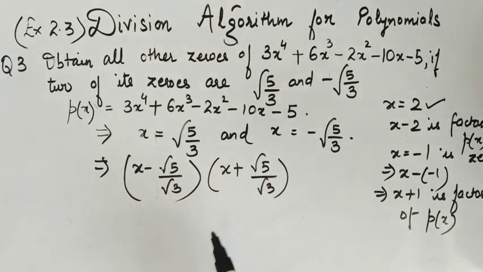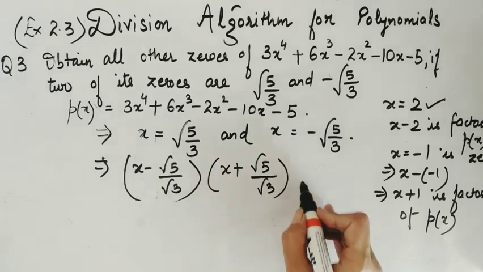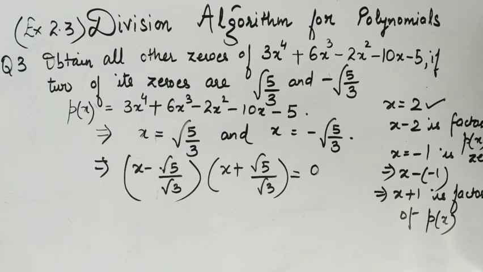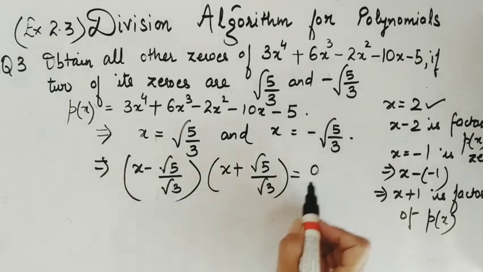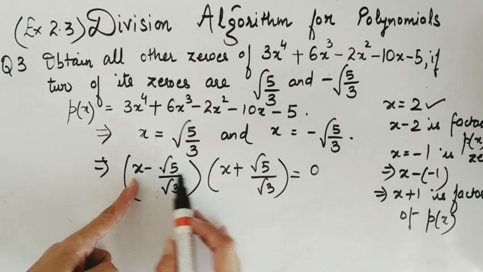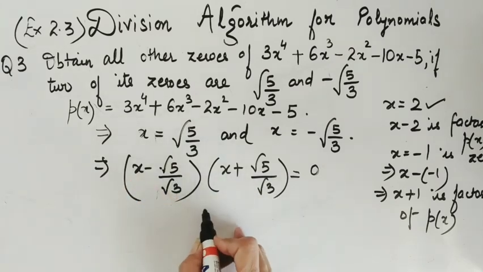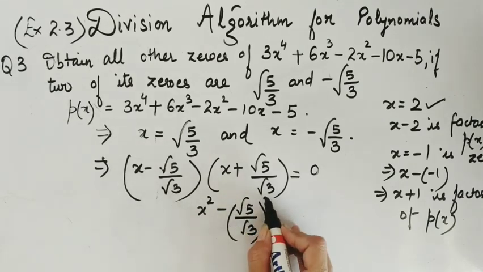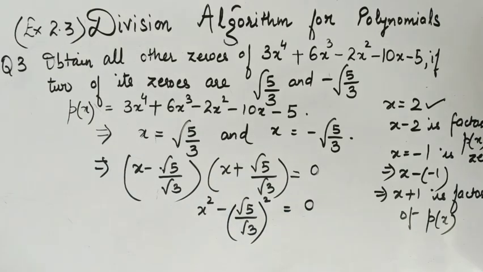Now since these are zeros, this indicates they must be resulting in 0, because their product has to be 0. Their product would be 0, and on simplification, what is this? This is a minus b, a plus b. It becomes a square minus b square, and this is 0.